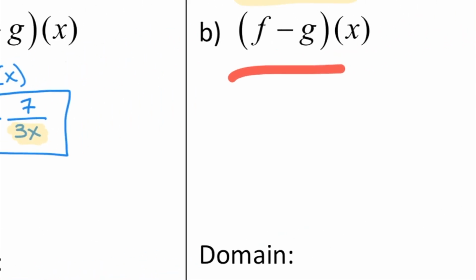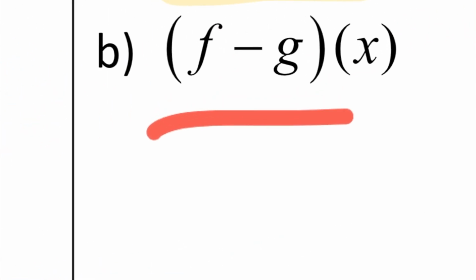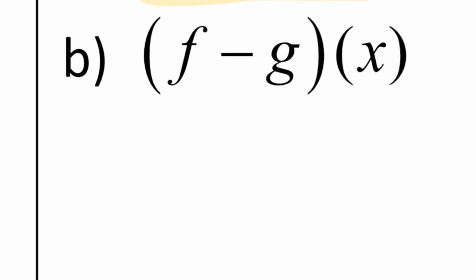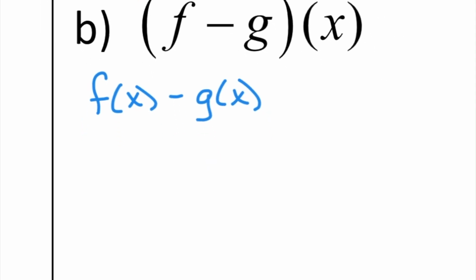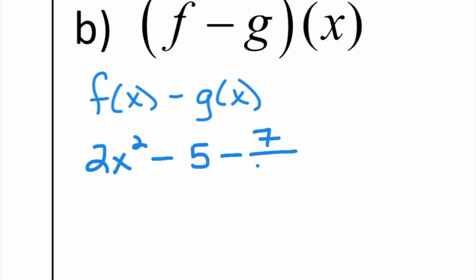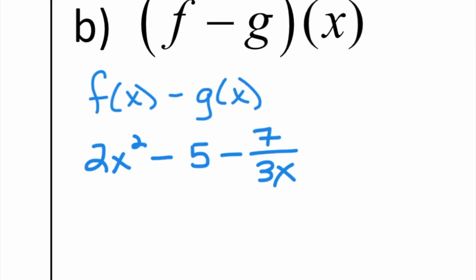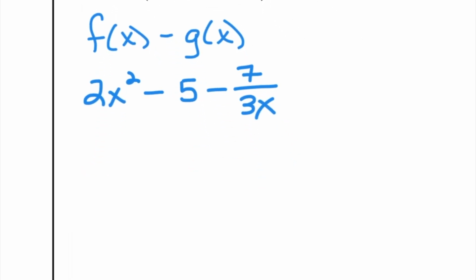The subtraction is going to be similar. So for this one, your f of x minus g of x is going to be 2x squared minus 5 minus 7 over 3x. And again, that can't be simplified.